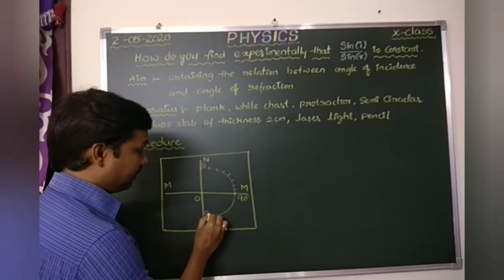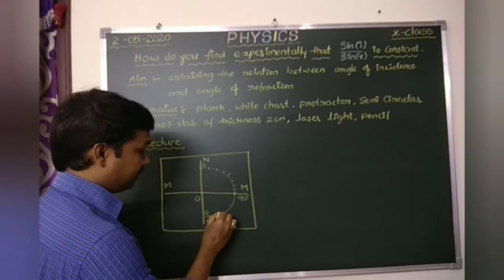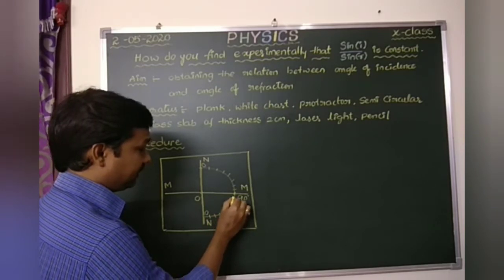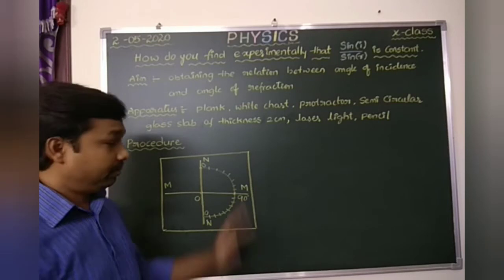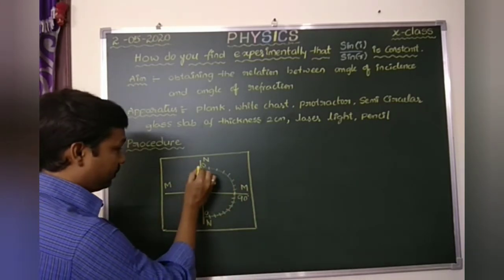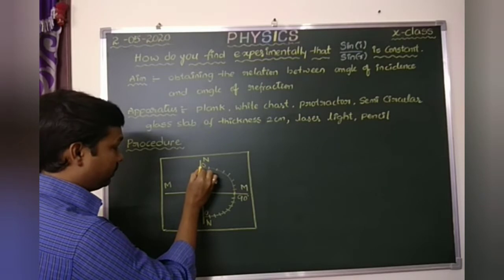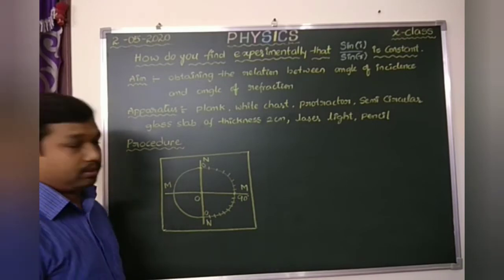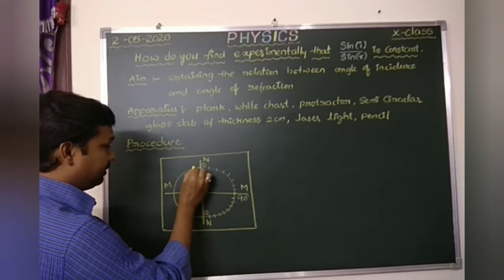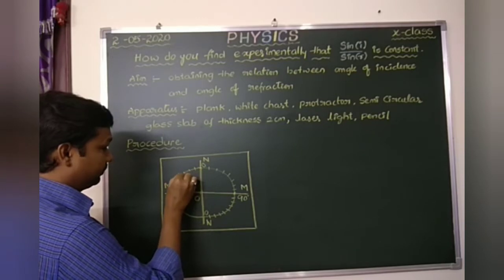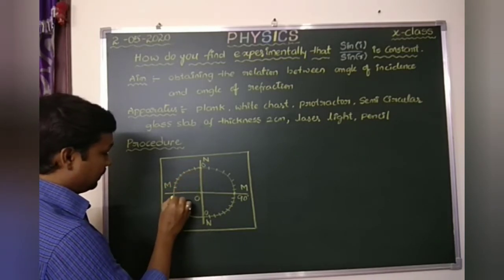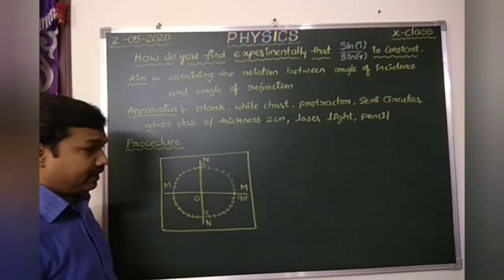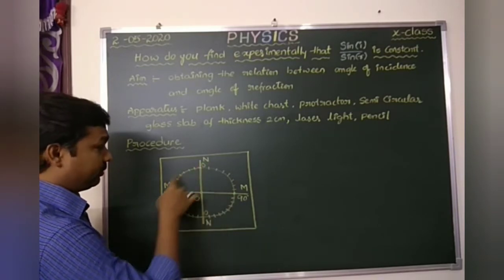Similarly, the lower side also has 10 to 90. Repeat this for the second side also: place the protractor on the left side of the paper and again we get the calibration, 0 to 90.